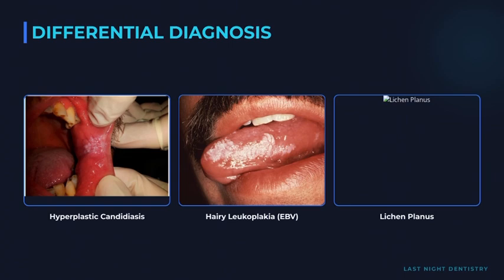They are not written here, but I am just telling you. Some hereditary conditions like white sponge nevus and leukoedema can also produce white lesions, and idiopathic conditions like hairy tongue or geographic tongue may clinically resemble leukoplakia. So clinically, you always need a differential diagnosis. That's why I told you about these differential diagnoses.